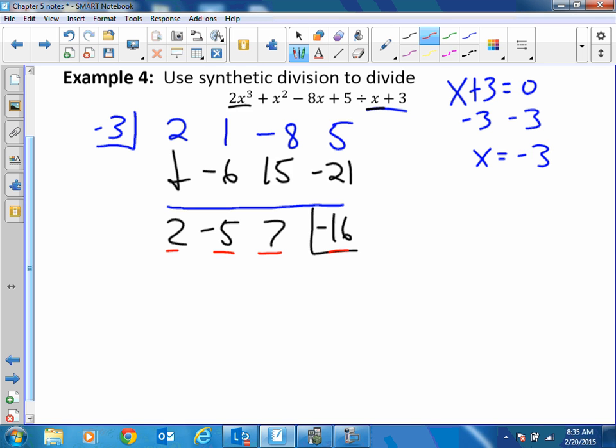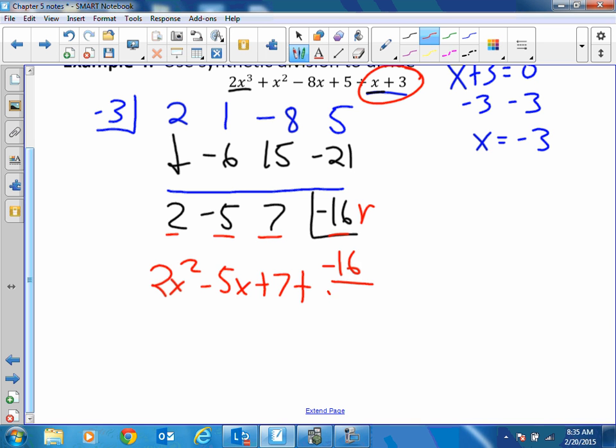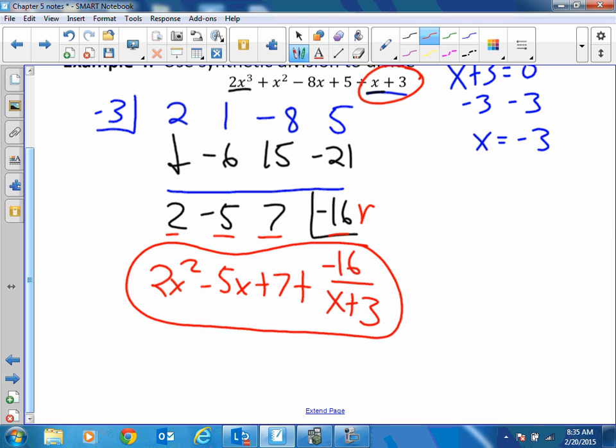So when we divide x cubed by x, we're going to end up with 2x squared minus 5x plus 7, plus this remainder in the box that's left over, so plus -16 over our original, what we divided by, x plus 3. And that would be the answer. Again, synthetic division is a lot quicker, but it only works with a linear binomial. If it's a linear binomial, you definitely want to do synthetic division. Probably don't want to do long division because it takes a lot longer. It's a lot more complicated.